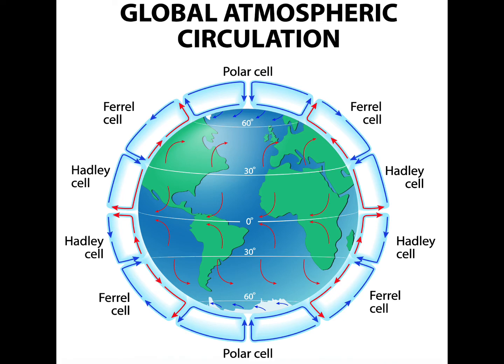So these numbers basically go off of each other. The Hadley cells are the lowest, then Ferrel cells are the middle, and then polar cells are the top. They're all very constant. They all go off of 30-degree increments. So it's not too hard to get.